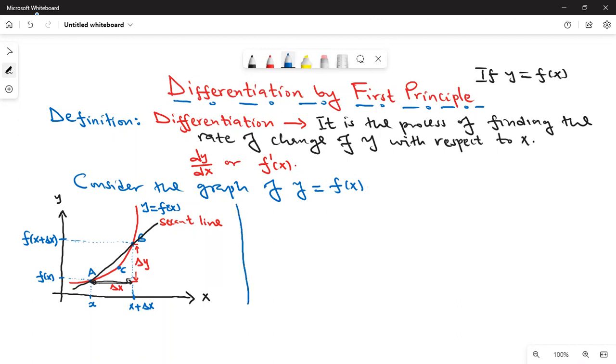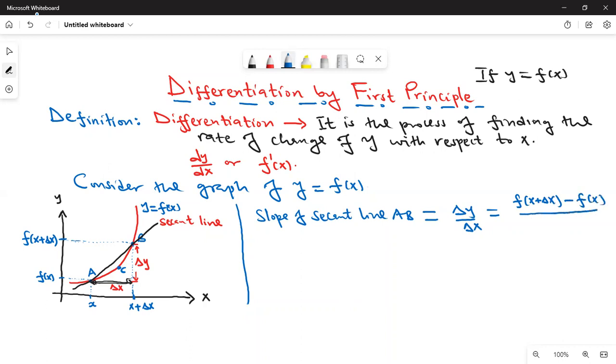Can get the slope of secant line AB, which is simply equal to change in y over change in x. And what is the change in y? It is f of x plus delta x minus f of x.